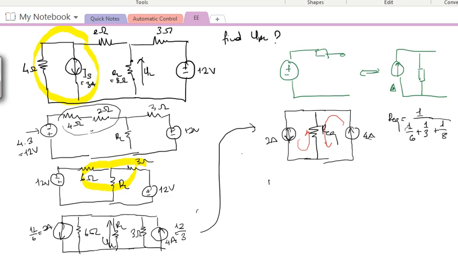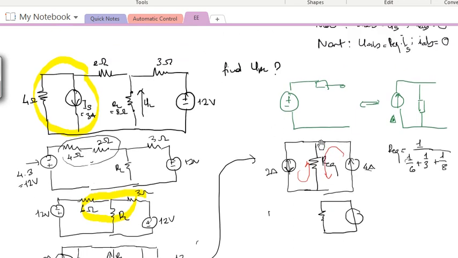It is actually as if we have one single resistance and one single current supply, but the current supply is basically the addition of both. So it's 4 amps in one direction minus 2 amps, so it becomes 2 amps, but in this direction, right? In general, it becomes only one current supply, with 2 amps. That's the equivalent of it.